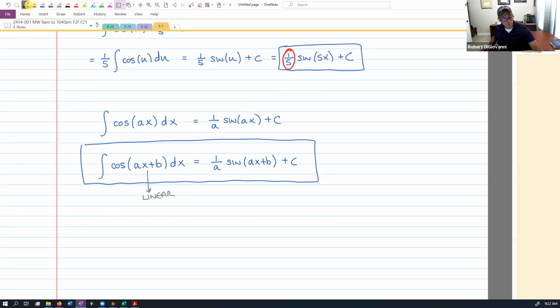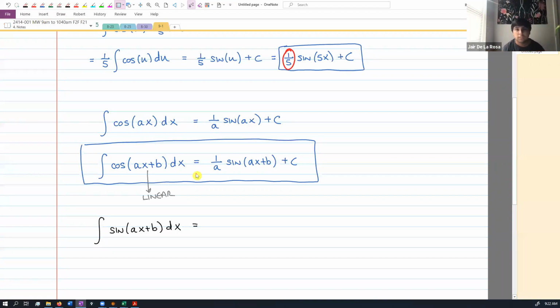Now, how do you think this would work if we changed it and instead of cosine, I did the antiderivative of sine of ax plus b? Would we add like a negative? Yeah, so we know the antiderivative of sine is negative cosine, right? But we still have the issue that we'd have to take the derivative of this inside, which would give us an a.